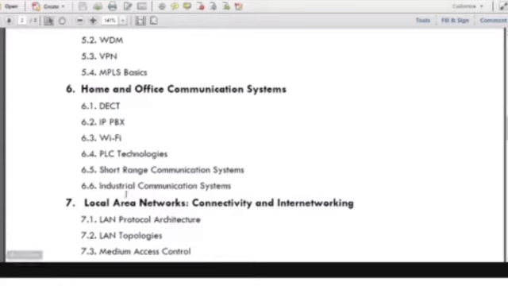Good. So in this part, after we discuss IP PBX, we are going to mention a little bit about Wi-Fi and its recent trends. As you know, Wi-Fi, the one that you get in public, is American, and it is known as IEEE 802.11. The recent advancement of that is IEEE 802.11ac type, which makes use of the TV white space and others to provide broadband connectivity for remote areas.